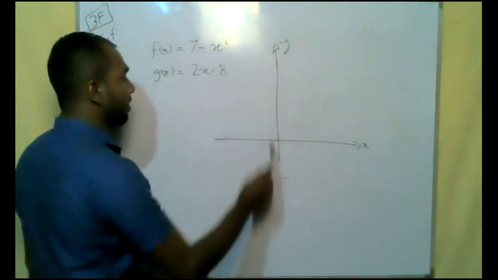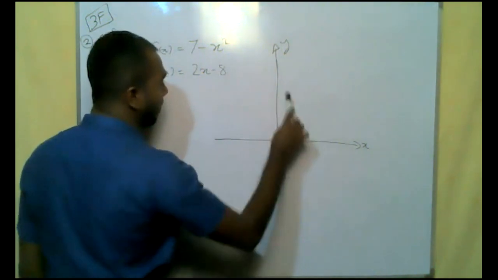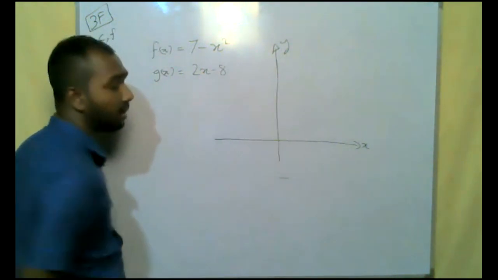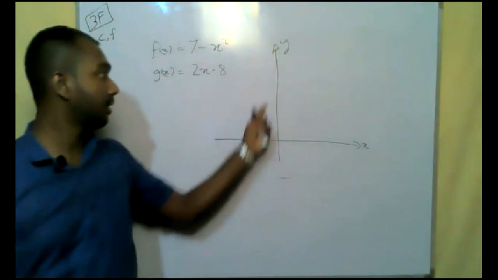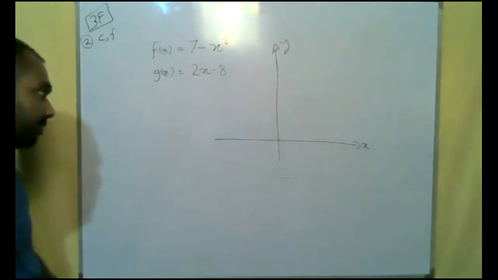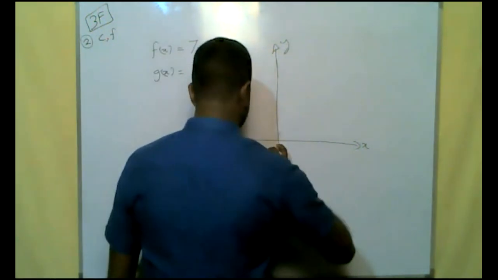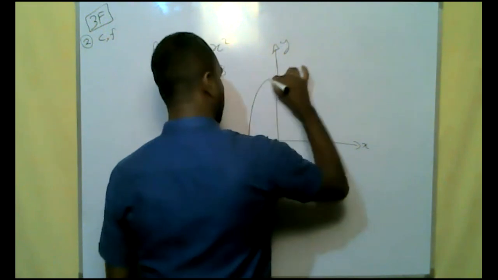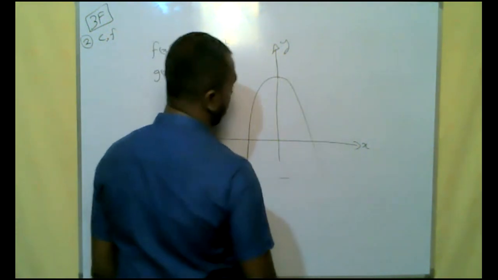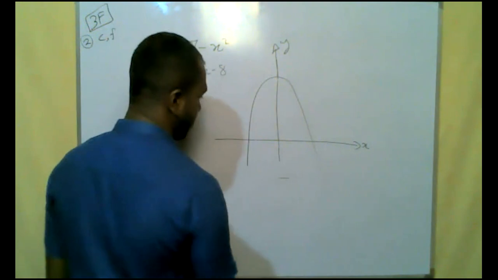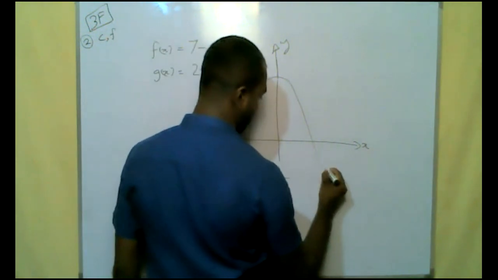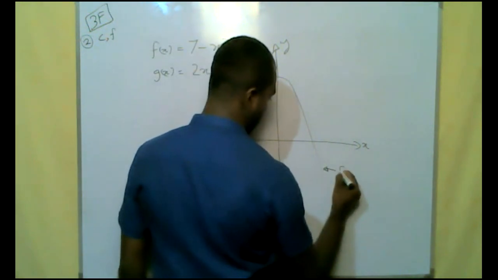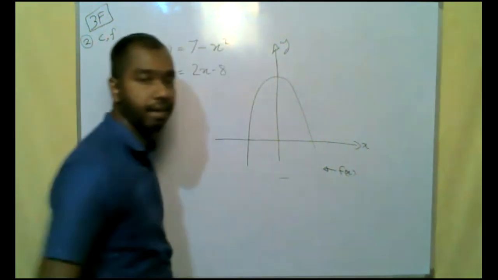And since it is 7 minus x squared, it will cut the y-axis at plus 7. So our graph will be like this, f(x).